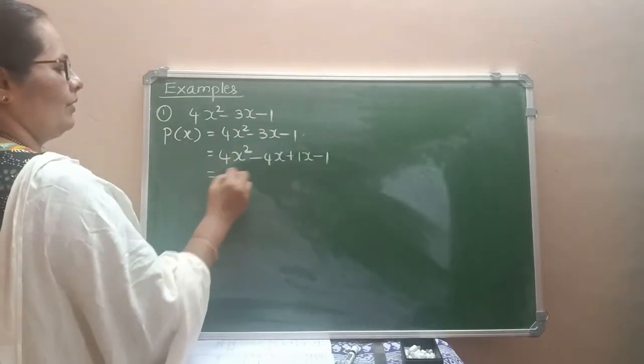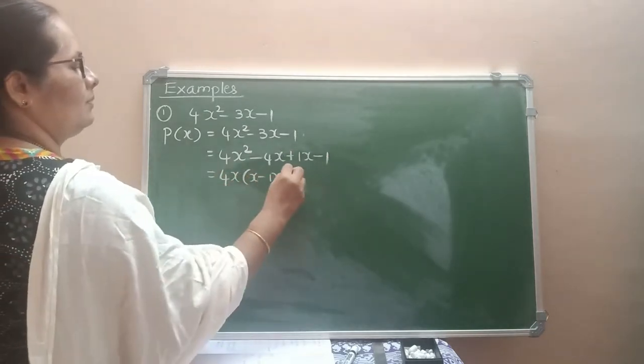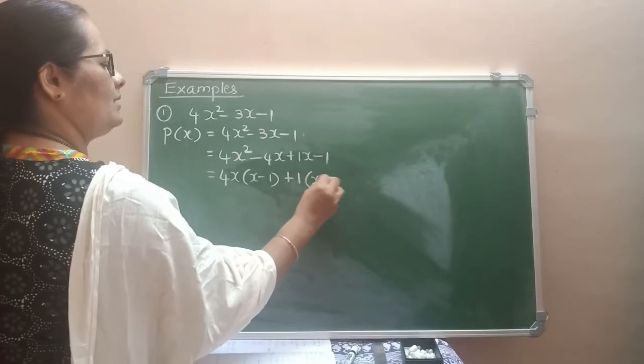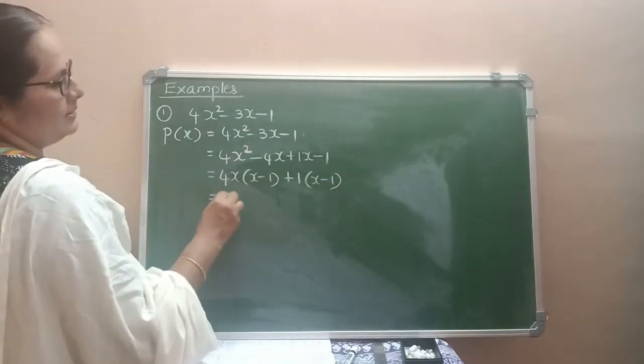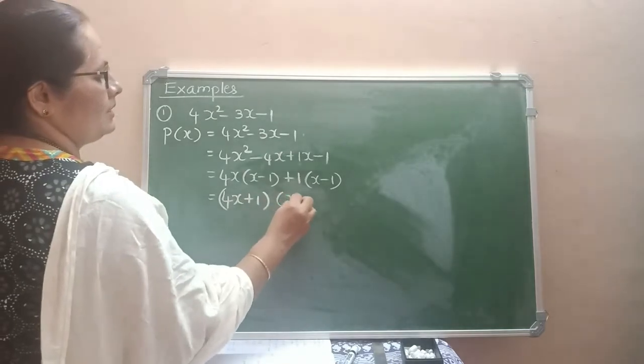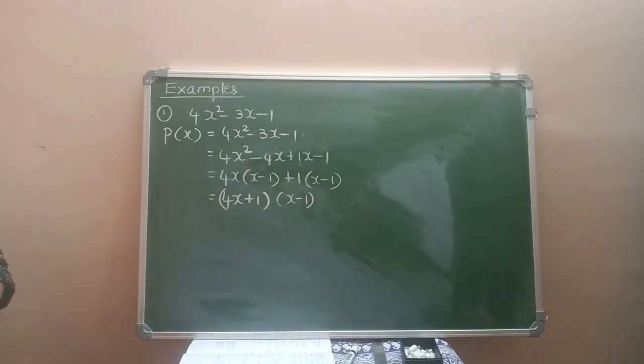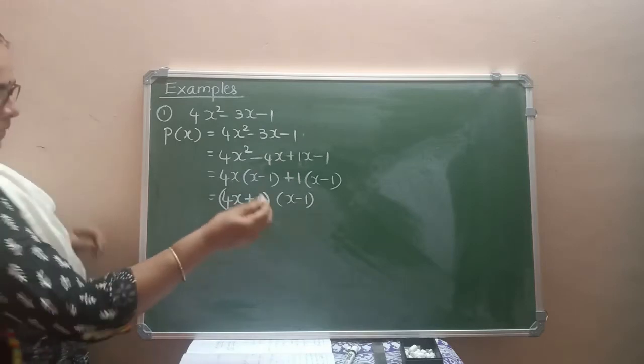So 4x is common here, x minus 1, then plus 1 into x minus 1. So the factors are 4x plus 1 and x minus 1. These are the factors of this polynomial.